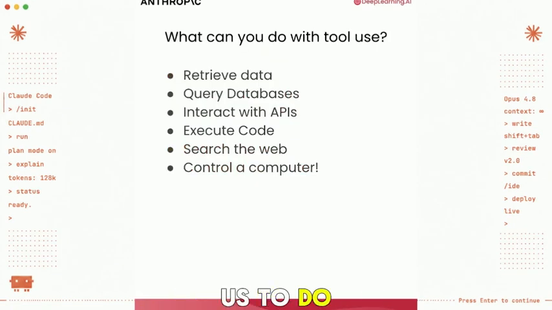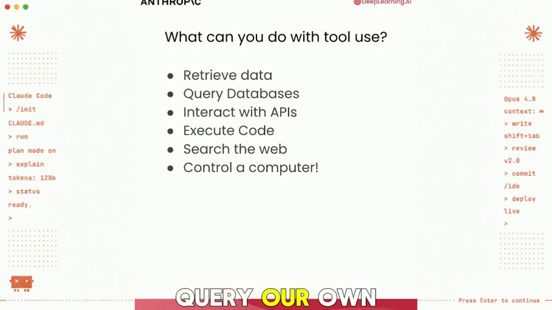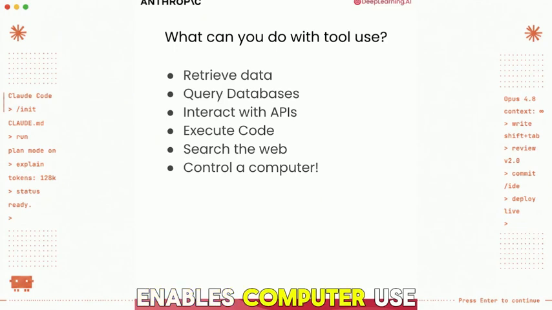And this enables us to do all sorts of things that the models can't do on their own, like retrieve dynamic data, query our own databases internally, interact with APIs, execute code, search the web, and of course, control a computer. As you'll see at the end of this video, tool use is what powers and enables computer use.